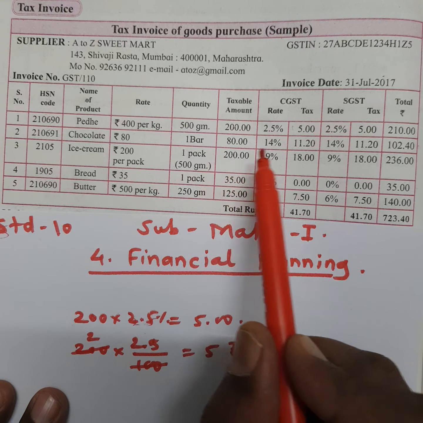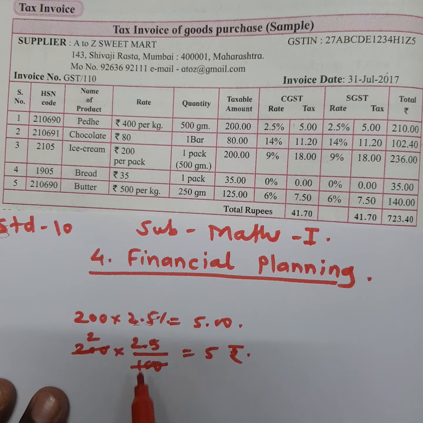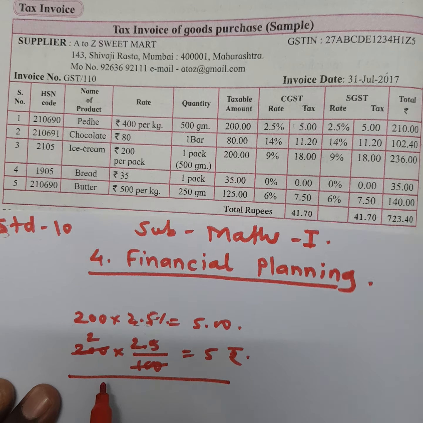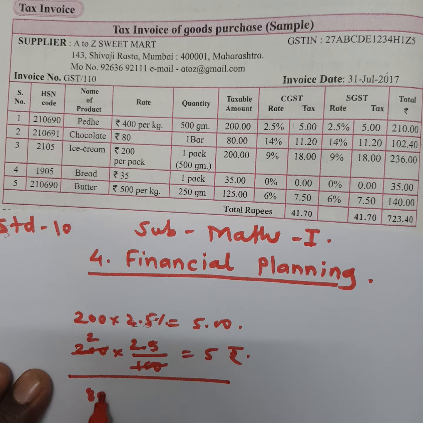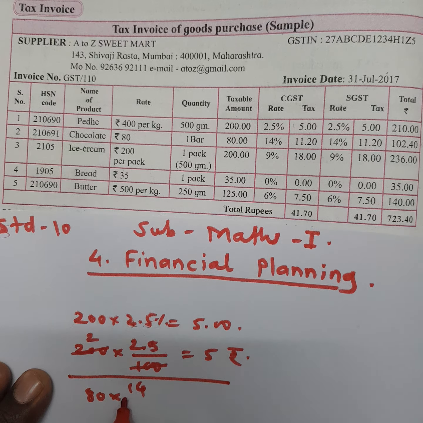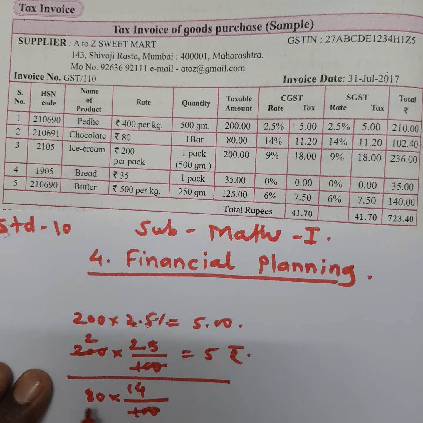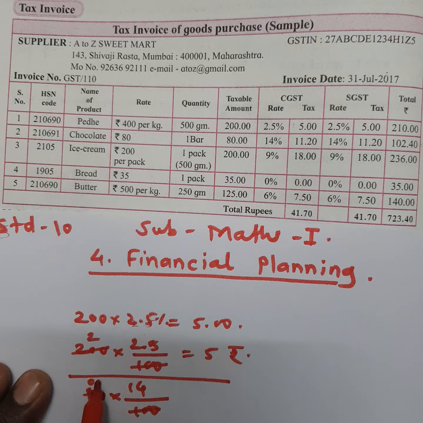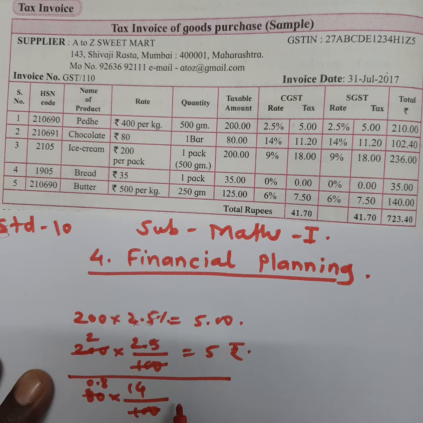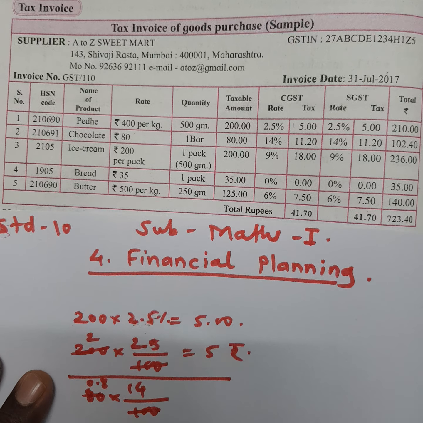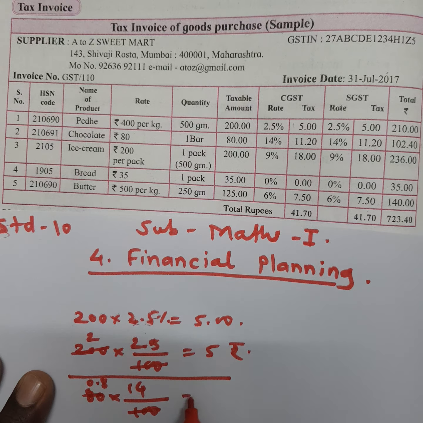Then to calculate the tax amount, we have to calculate 14% of 80 rupees, that is 80 into 14 upon 100. 80 divided by 100 is 0.8, and this multiplication gives 11.2 or 11.20.